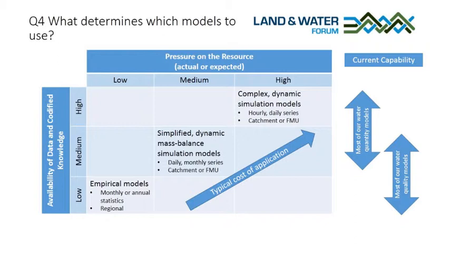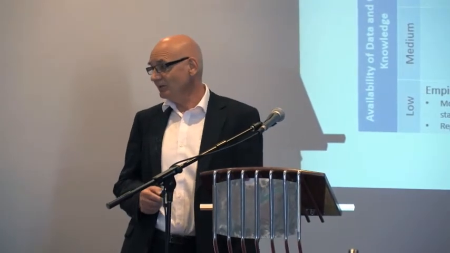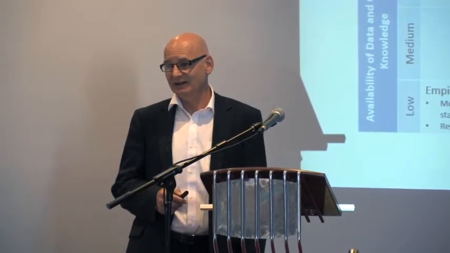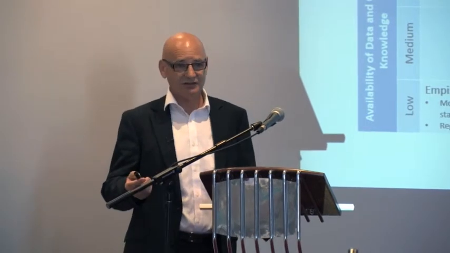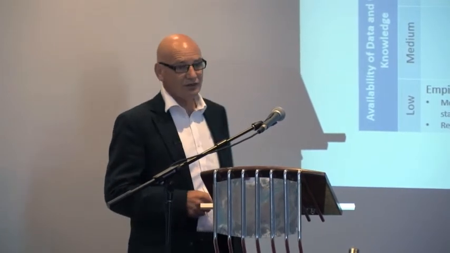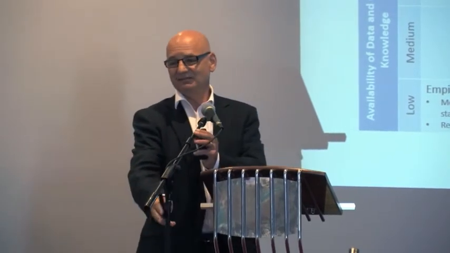So I think the key things that I want to touch on in this diagram are, firstly, if there's low pressure on the resource now and the rate of change is so low that you're not expecting significant pressure to build up over the next 10, 15, 20 years, start down here with models which are cheaper to build and quicker to run.